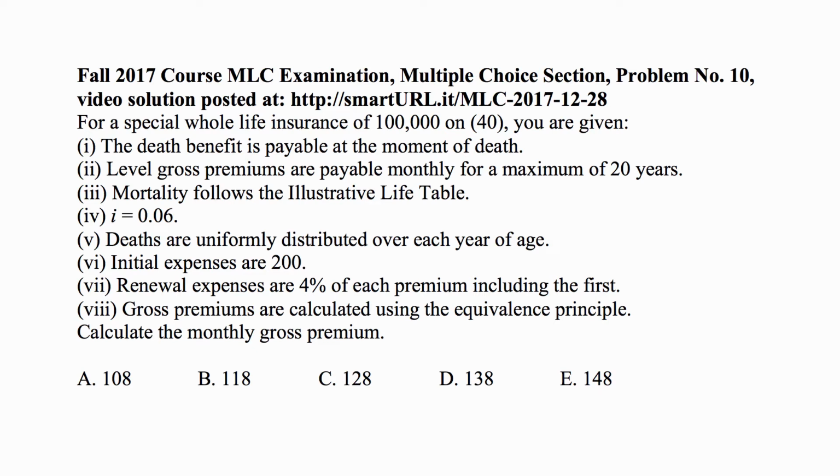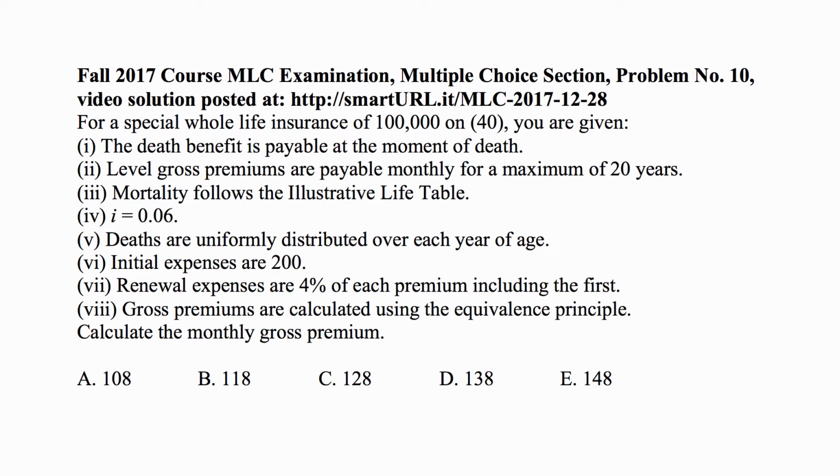Here's a problem for exam MLC. It's actually from the last exam MLC from fall 2017, multiple choice section, problem number 10. For a special whole life insurance of $100,000 on a 40-year-old, you are given: death benefit is payable at the moment of death. Level gross premiums are payable monthly for a maximum of 20 years. Mortality follows the illustrative life table.